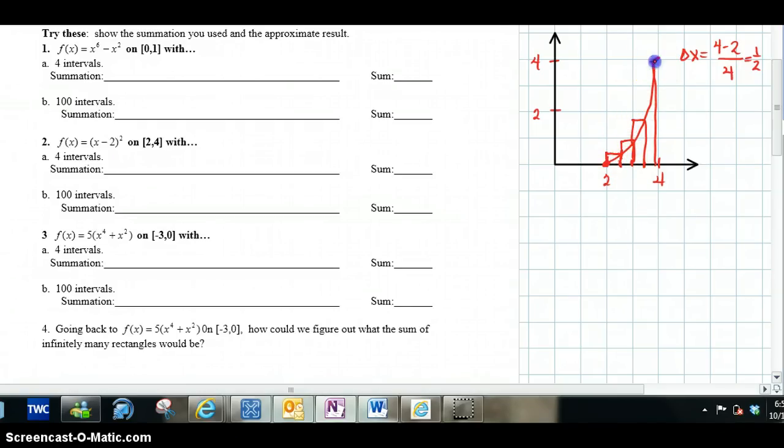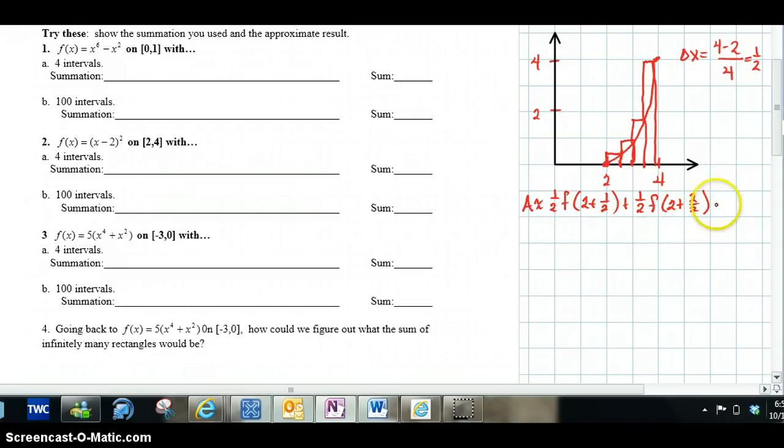The height is going to be determined by the right-hand endpoint of each subinterval. So our area can be approximated by a half times f of 2 plus 1 half. The second rectangle is going to have a width of a half, height is f of 2 plus 2 halves.